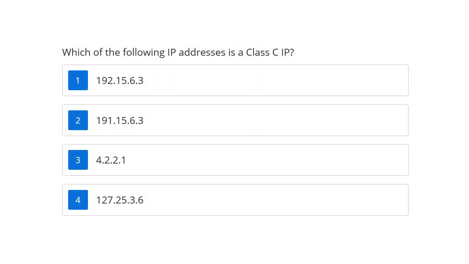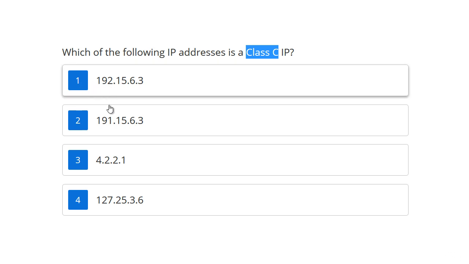Which of the following IP addresses is a Class C IP? Well, what's the rule for Class C? The rule is the value of the first octet must go from 192 to 223. Number 1 starts with 192.